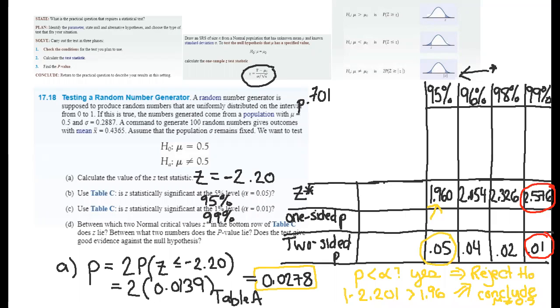We have a p-value of 0.0278. That's greater than 0.01. So we do not reject the null hypothesis. And we do conclude that the mu is 0.5. So do not reject.